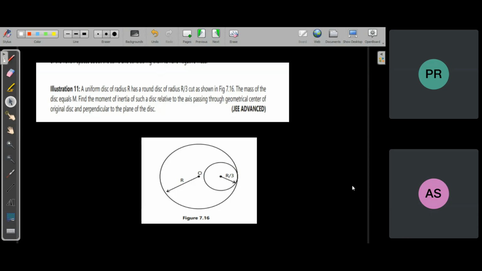Radius R by 3 is cut. The mass of the disk equals the total mass of this system.